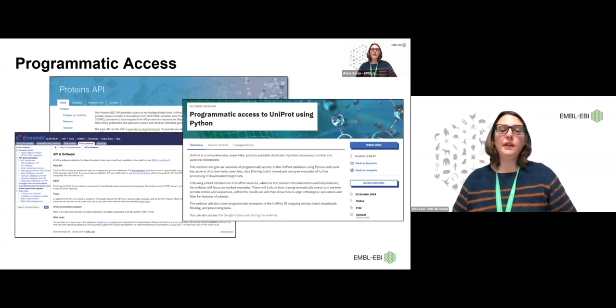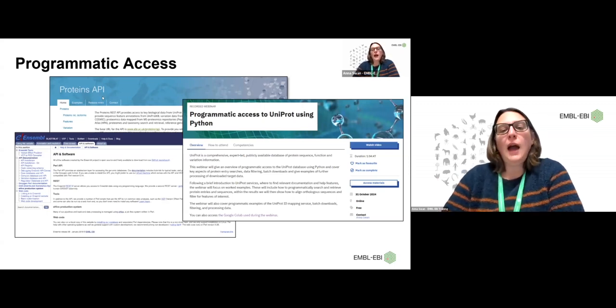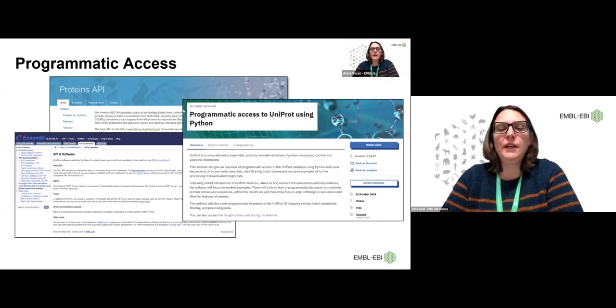So if this is something that you think you might find useful, all the resources will have something that says either programmatic access or API on one of their pages in the About section, and there'll be details on how to use it there. However, there's also lots of information about programmatic access within the training pages as well. I'm going to show you much more about the training in a moment, but you'll see there are things like recorded webinars on programmatic access for using specific resources, or some courses that you can work through.